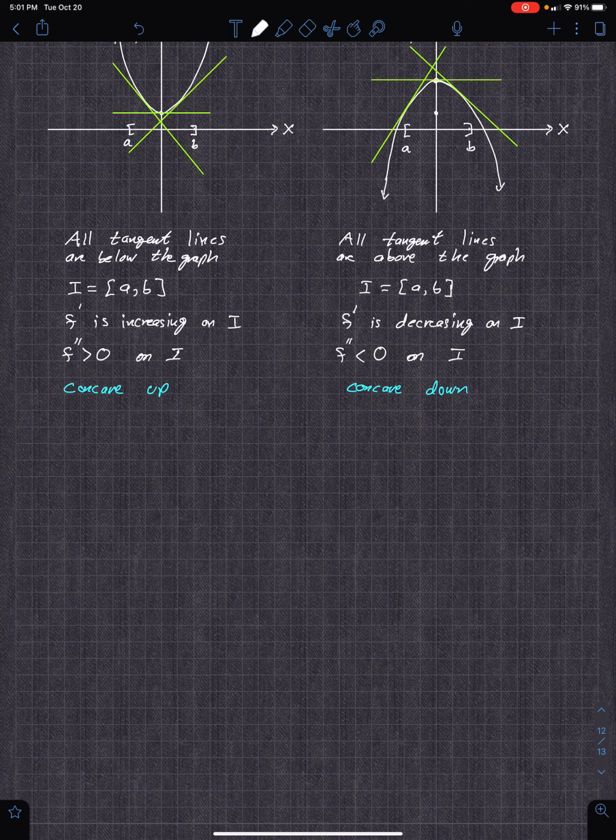So here's the definition: an inflection point for a graph of f is where the graph changes concavity.